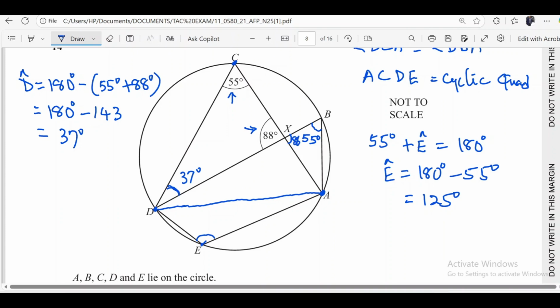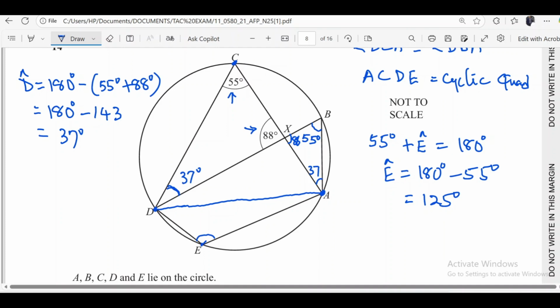Of course, if we now add 88 and 55, that gives us 143, so definitely this is 37. You also remember that two plane shapes are mathematically similar if they are equiangular. That is, they have the same angles, and the ratio of their corresponding lengths will be the same also. So all the angles in the first triangle will also be found in the second triangle.